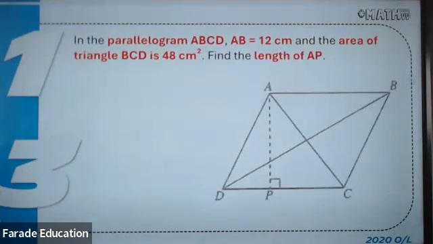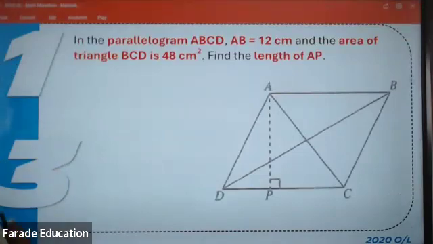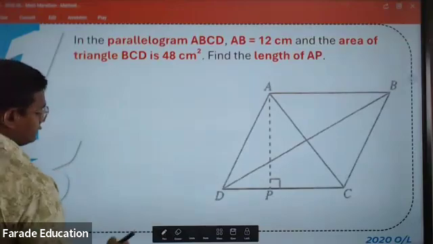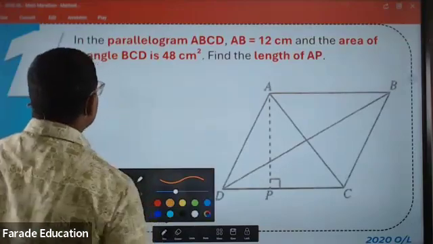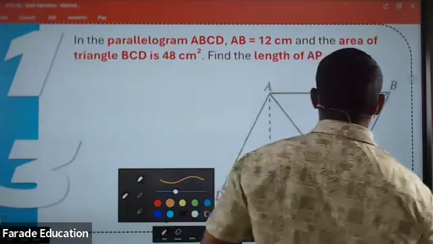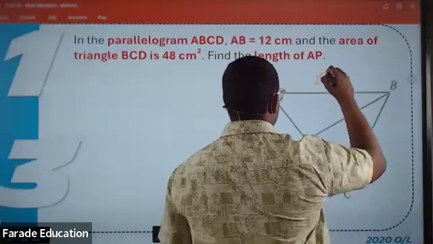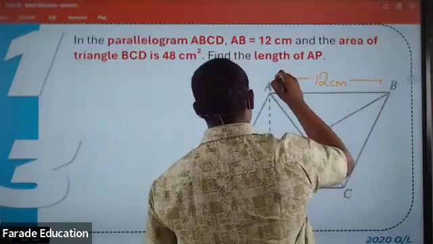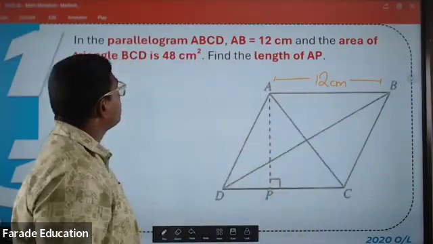In the parallelogram ABCD, AB is 12 centimeters. This is 12.